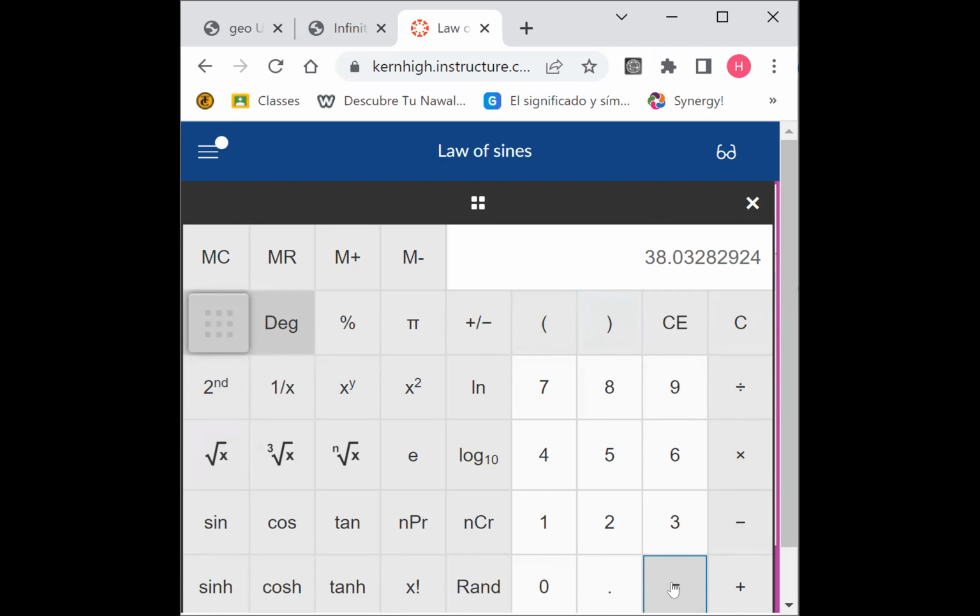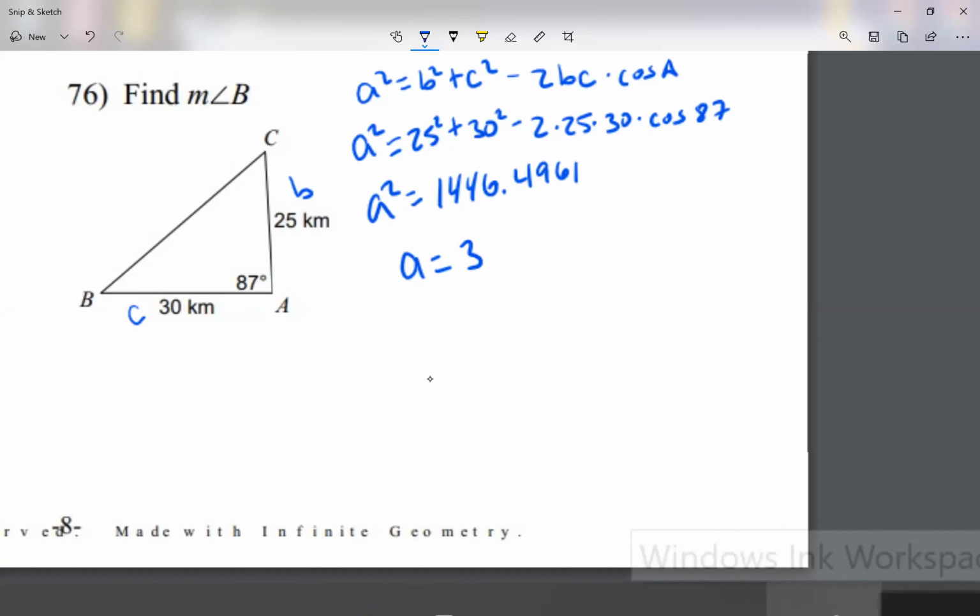I'm still not quite done yet. So I'm gonna use 4 decimal places. So 38.0328. So that means that this side is 38.0328. Okay.